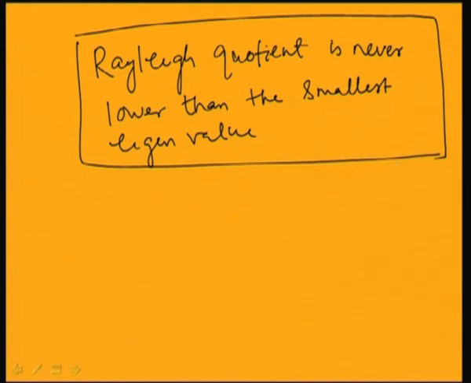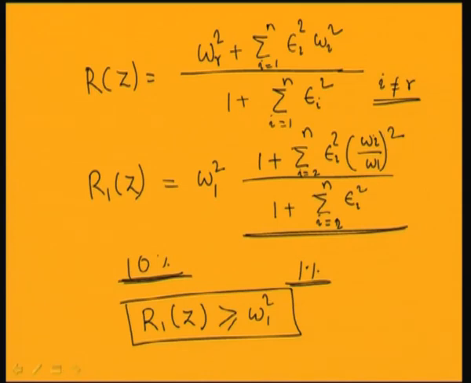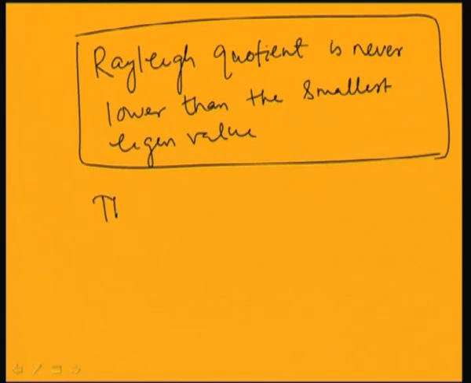Also, you can see that in a conservative system, the frequency of vibration has a stationary value in the neighborhood of the natural mode. So, from this expression, if you take any other value of z, you will always get a value near to this omega 1 square. So, you can tell that the vibration has a stationary value in the neighborhood of the natural mode.